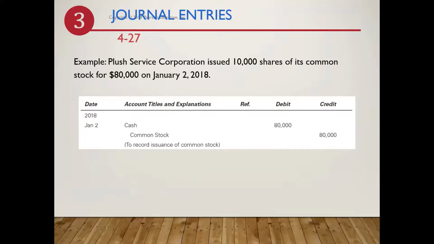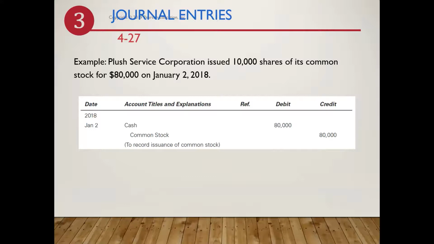Example here: Plush Service Corporation issued 10,000 shares of its common stock for $80,000 on January 2nd, 2008. You see here that the date of the transaction is January 1st, which is the first column. The amount debited is listed first and positioned at the left side.